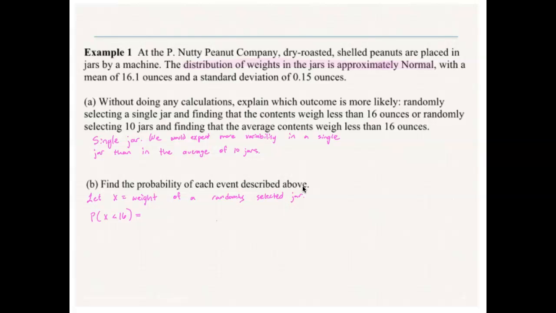It centers over 16.1, and its standard deviation is approximately 0.15. I'm looking for the probability that a randomly selected jar is less than 16 ounces. So I'm looking for that area.